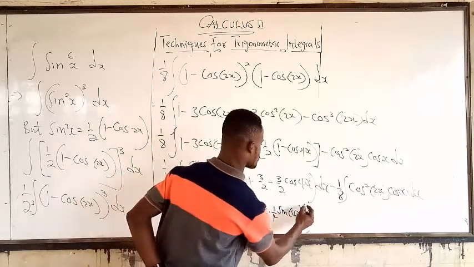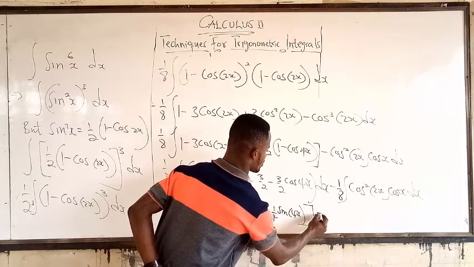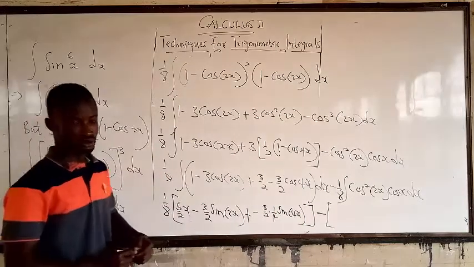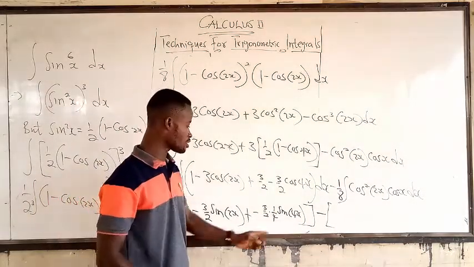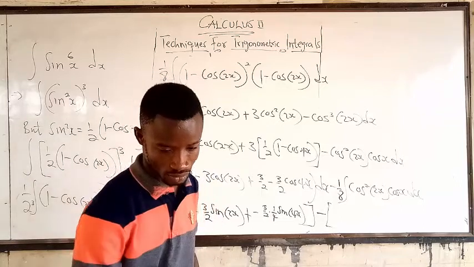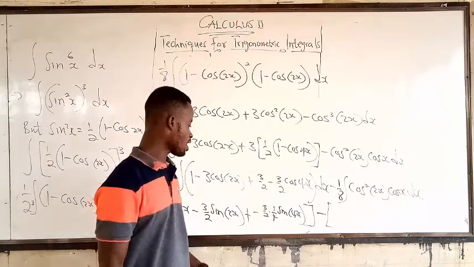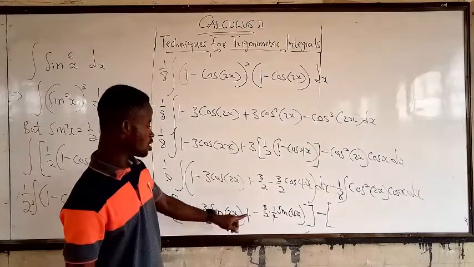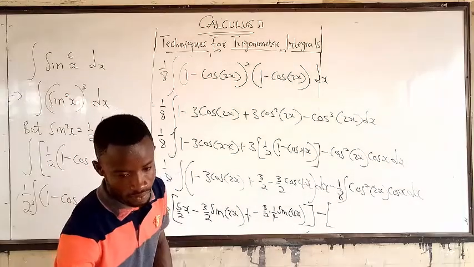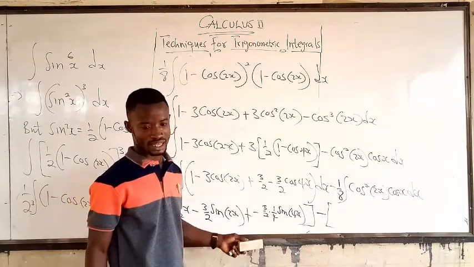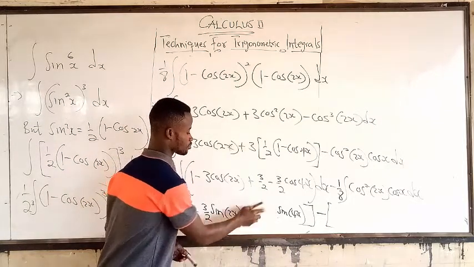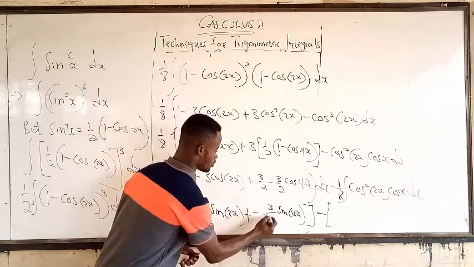So that is what we get for this part, minus, this part will come later. Very good. So with this, we are going to get 3/8 here. Yeah. We are going to get 3/8 here.